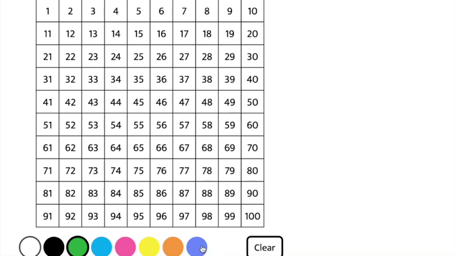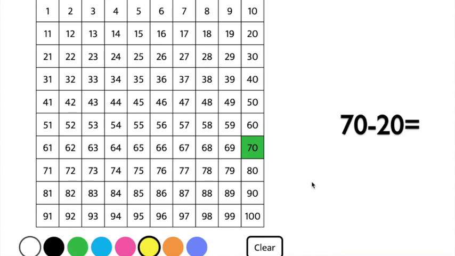Now, our first question is going to be 70 minus 20. So what I need to do is I need to find the number 70 on the hundreds chart. Okay, so I'm going to go ahead and make it green. There is my number 70. And now, because it is minus 20, that means I need to go up 2 times because 20 is 2 tens.